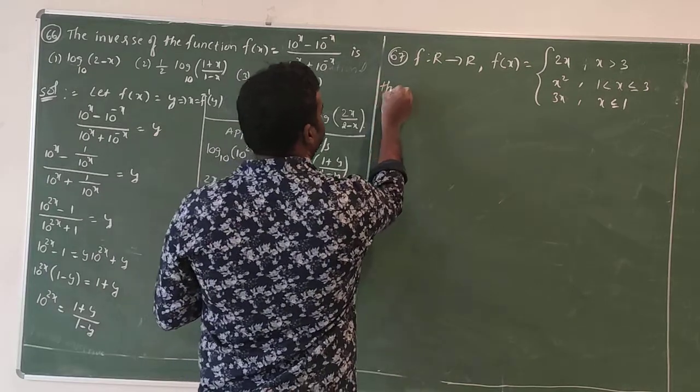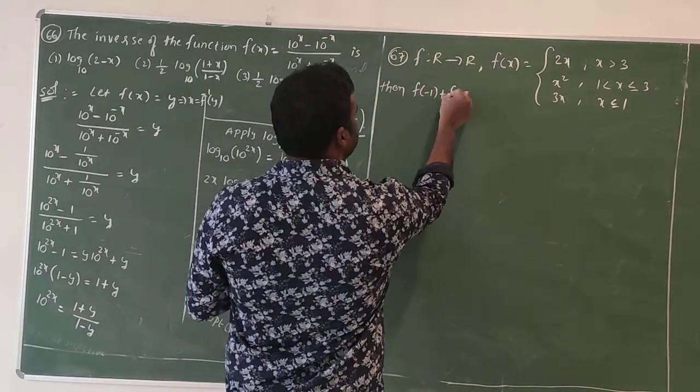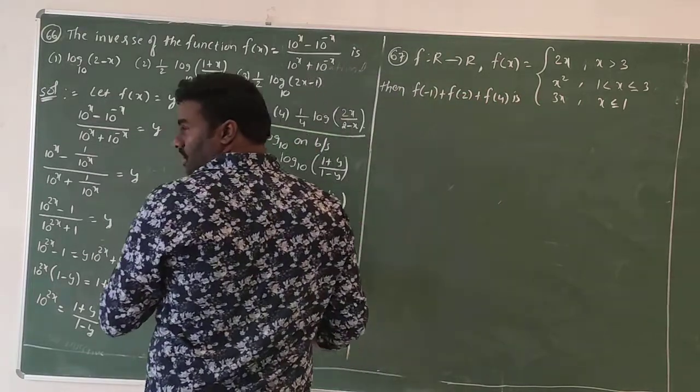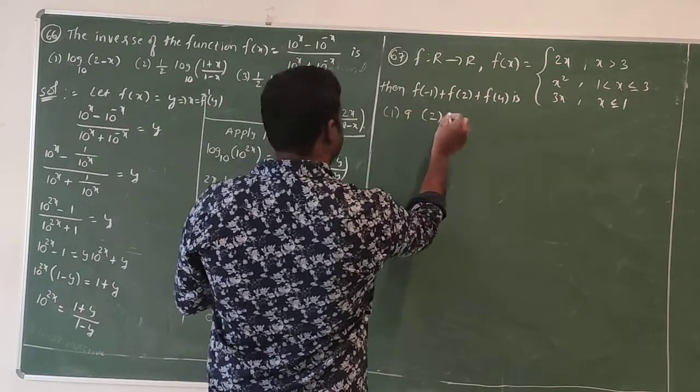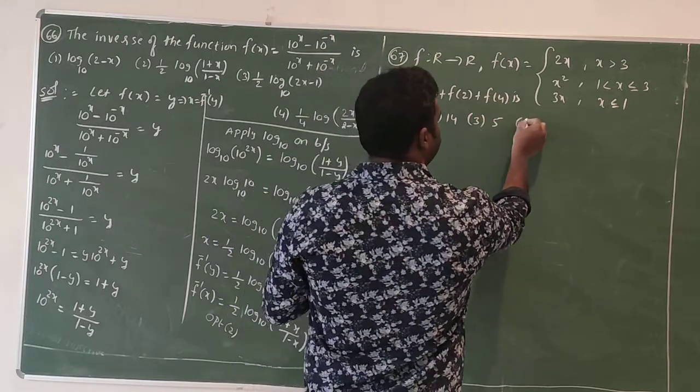Then we need to find f of minus 1 plus f of 2 plus f of 4. First option 9, second option 14, third option 5, fourth option none of these.